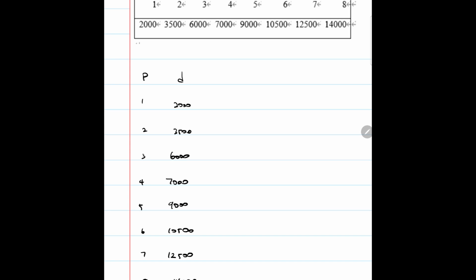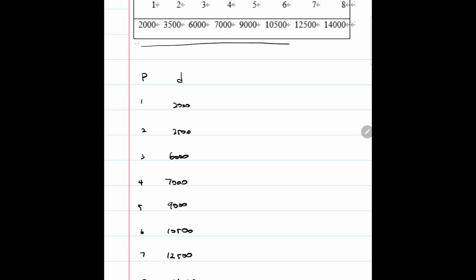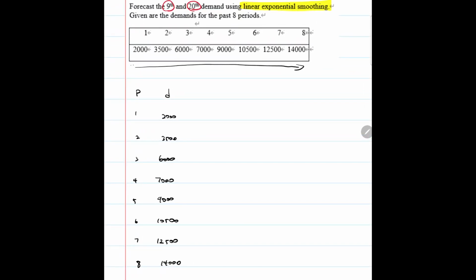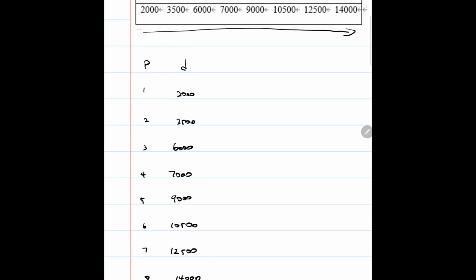Without graphing this data, we can see that the demand is going up. So even if this linear information was not given, we can see that it's just linear. Okay.